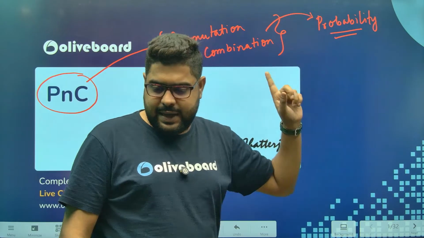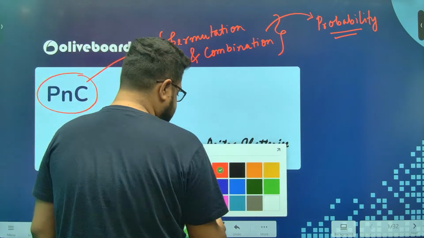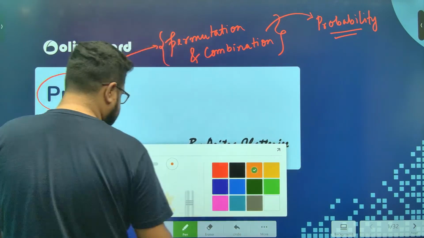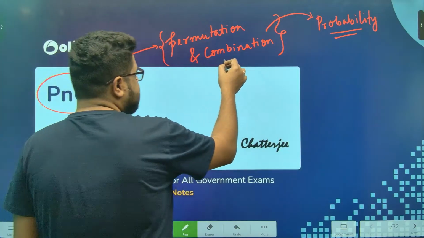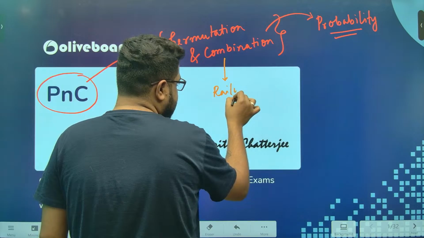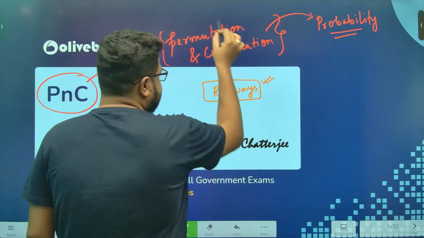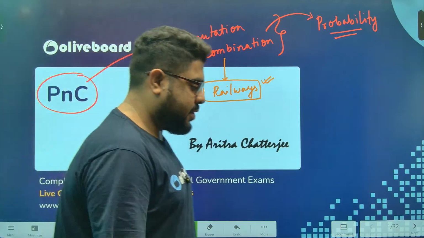Is this clear? But railways, especially exams like NTPC, ALP, these JE exams, will ask direct questions from this. So for railway examinations, this is definitely very important.